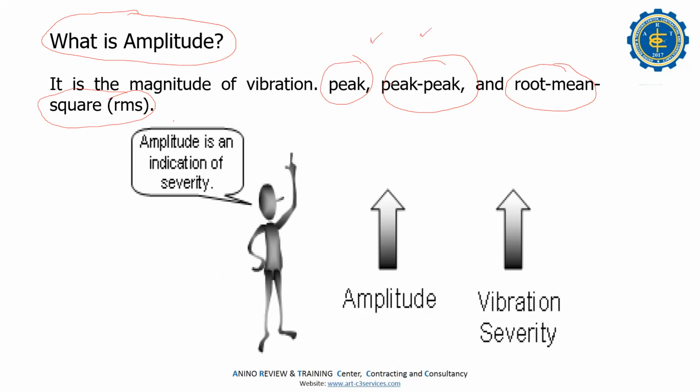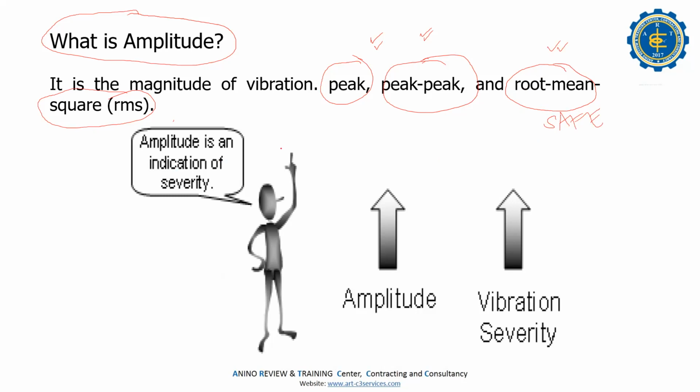When it is displacement, we use peak and peak to peak in the proximity probe, but we can also use RMS, because RMS is very safe.